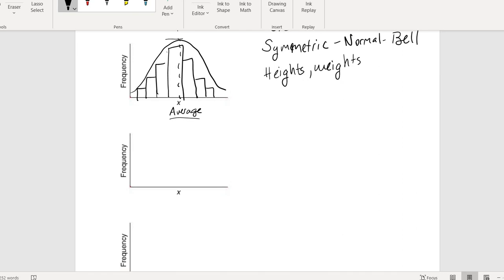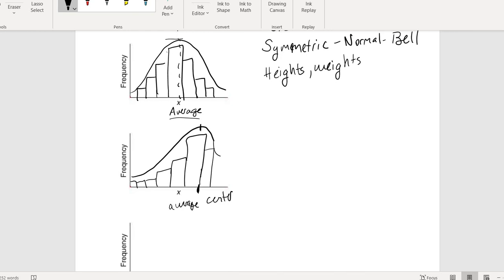All right, now the next one is where we see maybe not many smaller observations, but then they get larger as time goes on. So something like this. The average is actually still here, but the center is here, so that means that the peak is over here.